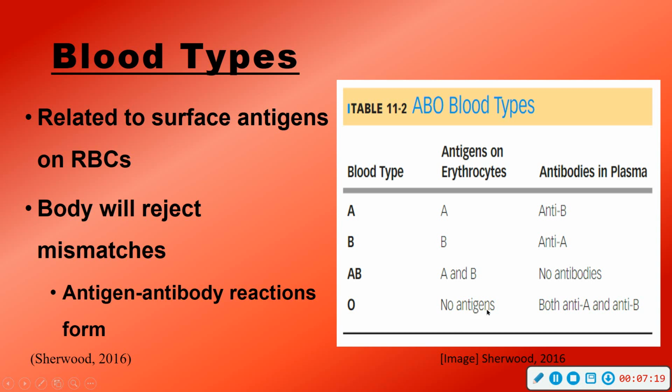They don't want to get rid of any of them because they don't have antigens to begin with. So type O, they say that they can give to anyone. The reason for that is because they don't have either one of these A or B antigens. So these antibodies won't fight against them if you give them to someone.